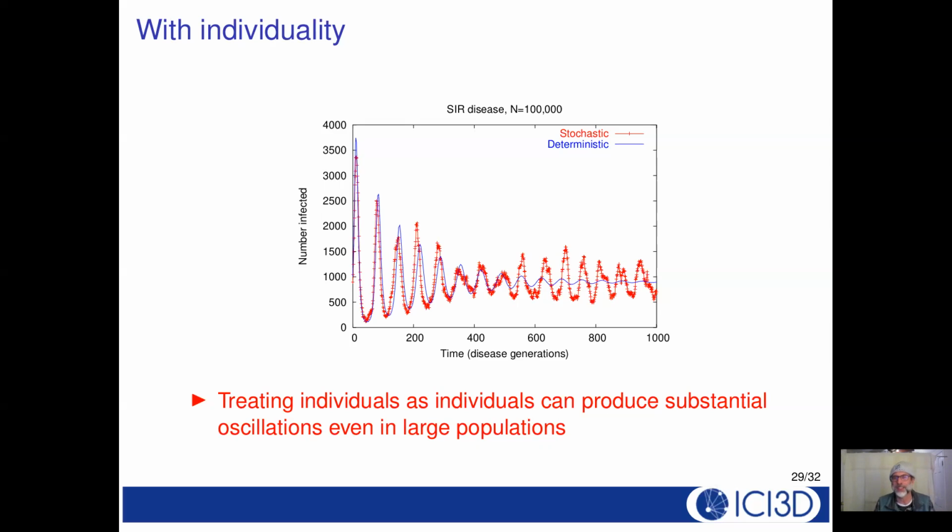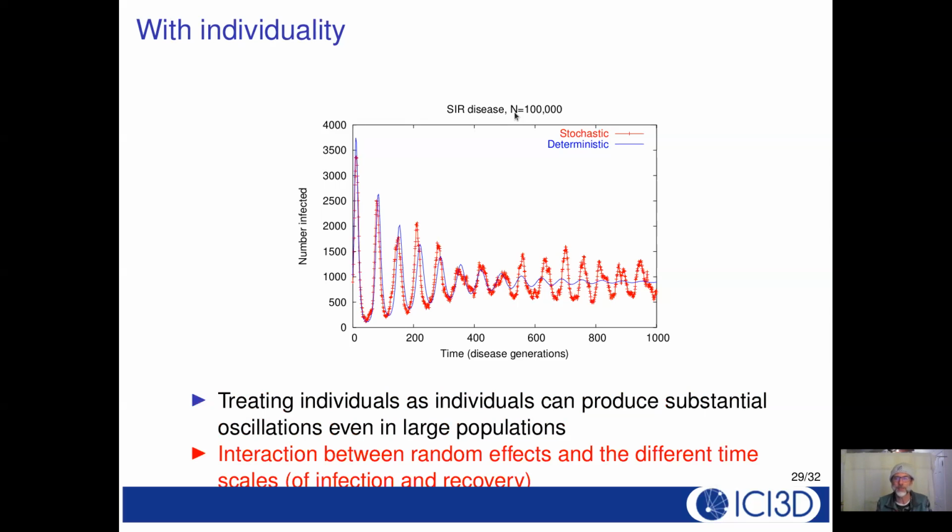Even if we know what the next event will be, exactly when it will happen. And so the only simple way to incorporate individuality is with stochastic models. And once you add stochastic models, even to fairly large populations, here I've simulated a disease in a population of 100,000, the interaction between this randomness and the timescales of infection and recovery often leads to quite large oscillations.